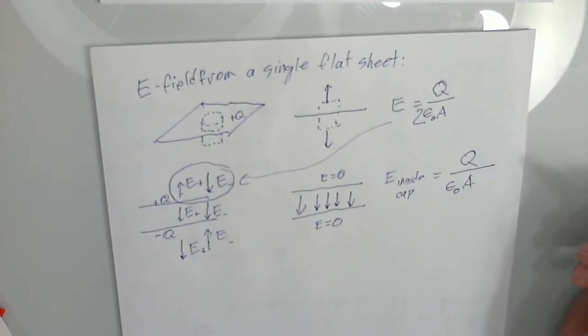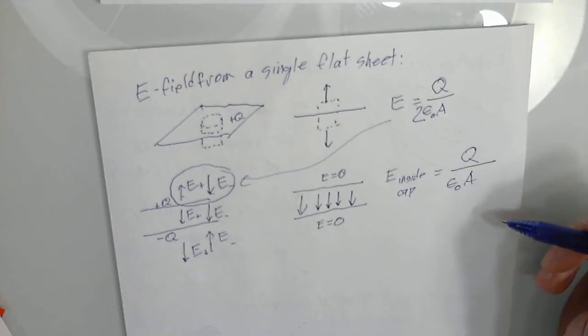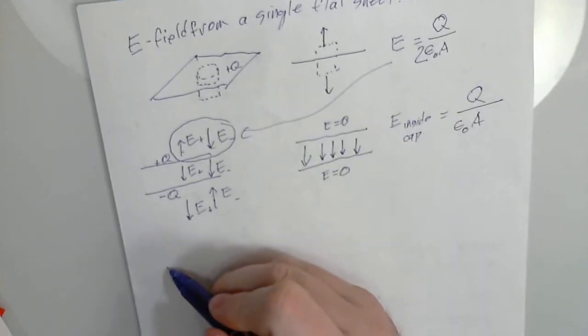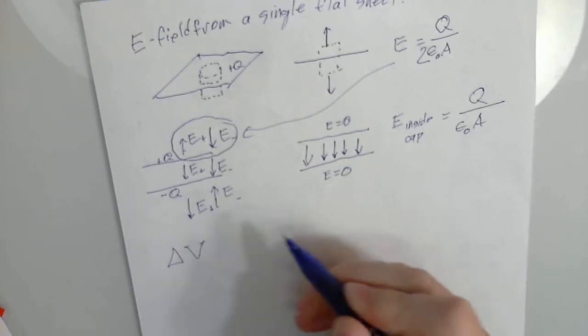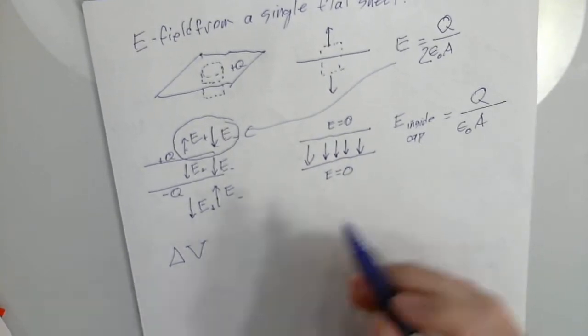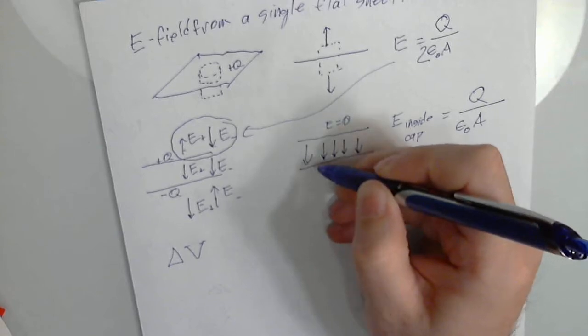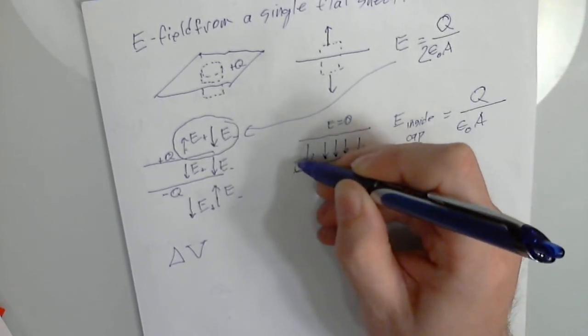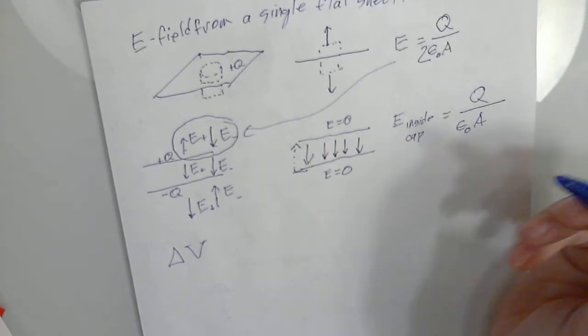All right, so now I want to find the electric potential from one plate to the other, which means I need to do a path integral from, say, the negative charged one up to the positive charged one.